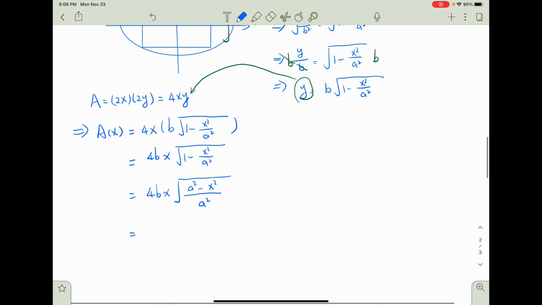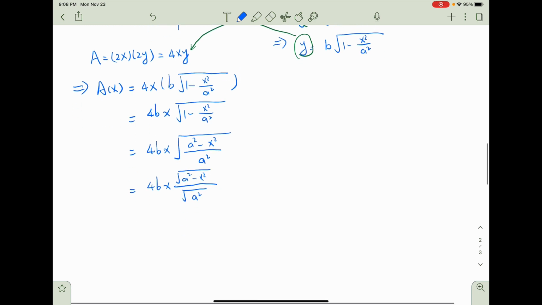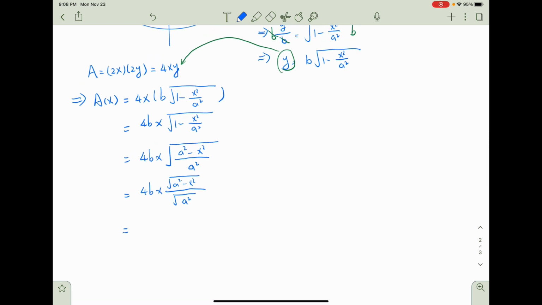And then we can take the square root for the numerator and the denominator separately. We know that a is greater than 0, so this simplifies to the square root of a squared minus x squared over a. Okay, so that looks much better.